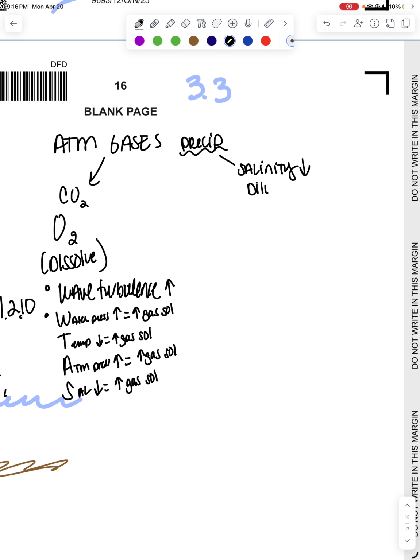Because we're diluting the water. We're adding fresh water. Other things that will make salinity go down: runoff of fresh water. We can also have melting of sea ice.